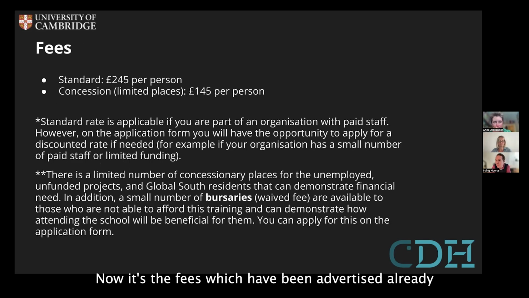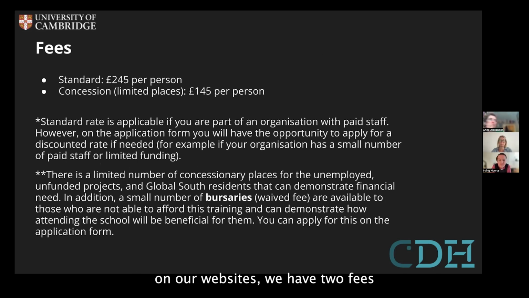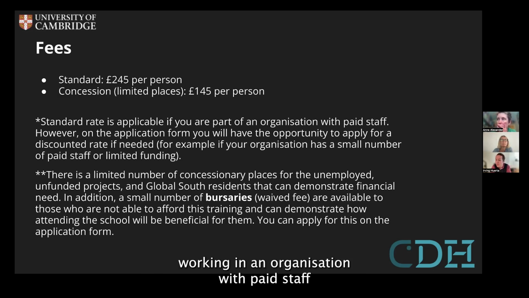And now it's the fees, which have been advertised already on our website. We have two fees. One is a standard for £245 per person, or concessionary places at £145 per person. So a standard rate is for those who are working in an organization with paid staff.